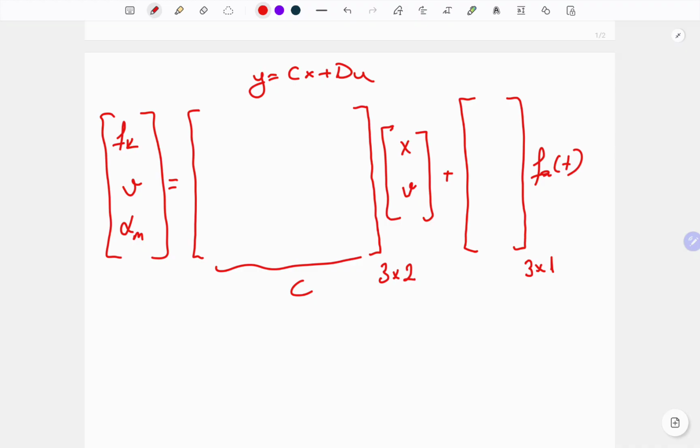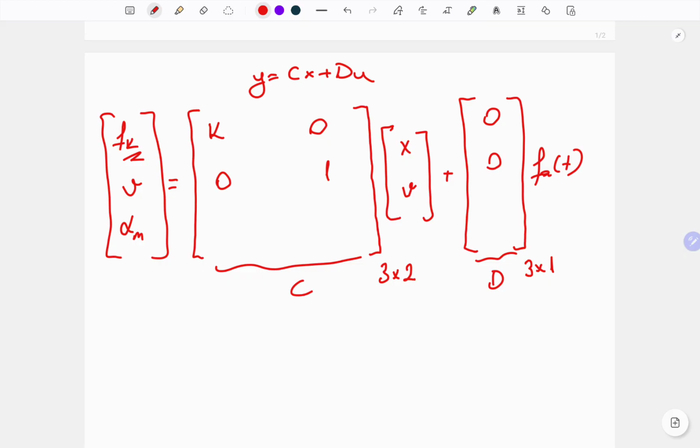For Fk, we should remember the expression is k times x for such a simple system because we have only one spring. So the first coefficient will be k, the second one will be 0, and for matrix D, we also have 0. When you multiply the coefficients, we obtain k times x. What about v? It's our state variable, so we only have a one here, and the remaining coefficients will be 0.